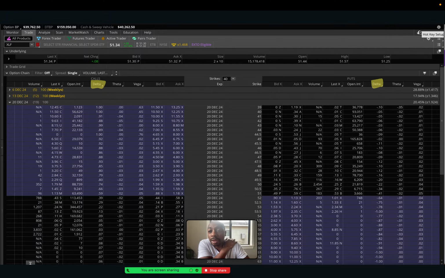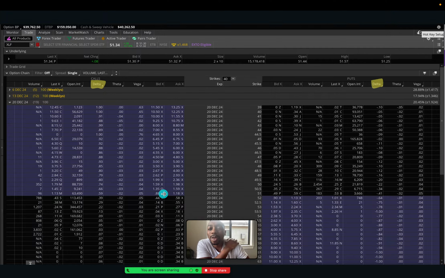So when XLF gets to 52.34, then this price right here of $1.18 should move up by 59 cents. What's that calculation? That is $1.77, or is it 67? I'm not sure. Use a calculator.